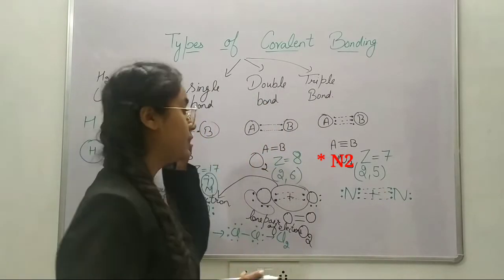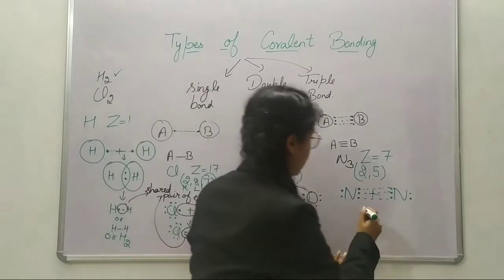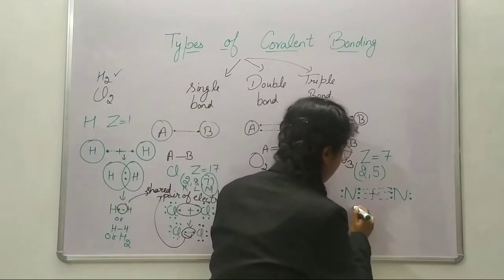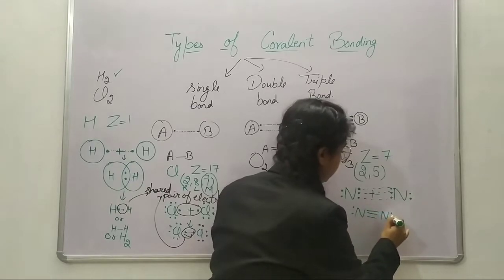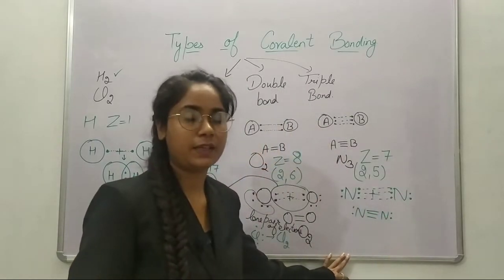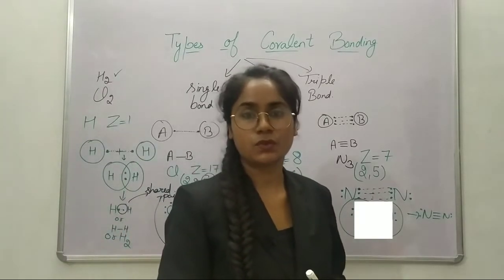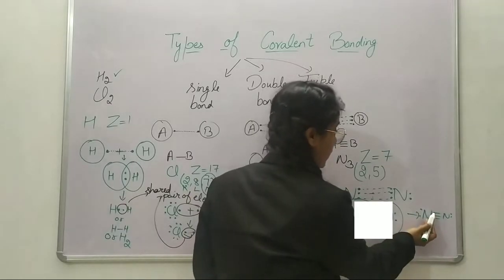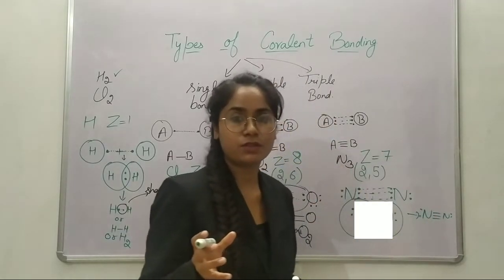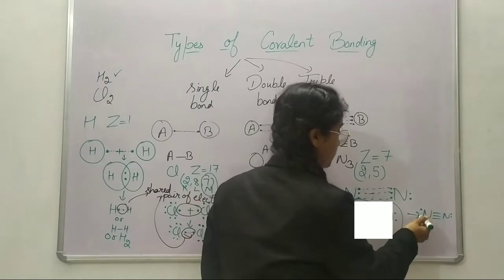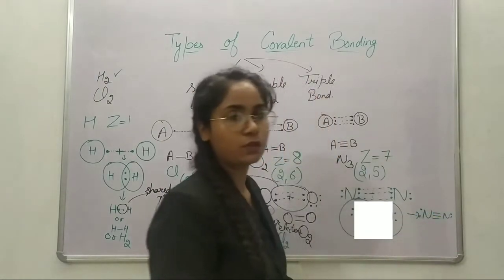These 3 electrons are shared pair of electrons. So nitrogen would form a triple bond here. Okay. How many shared pairs of electrons are there? 3. This one, 1, 2, 3. How many lone pairs of electrons are there? These 2. The leftovers are lone pairs of electrons.